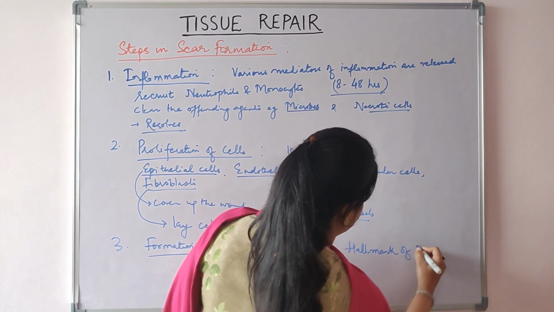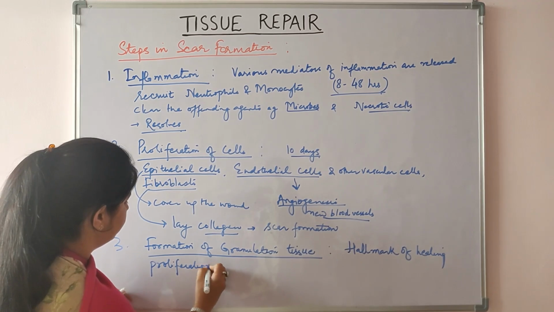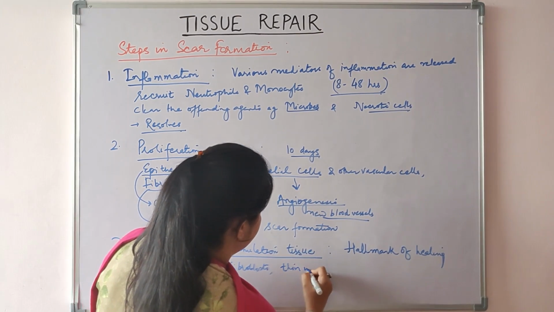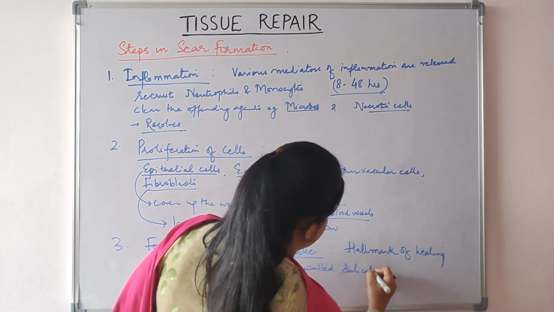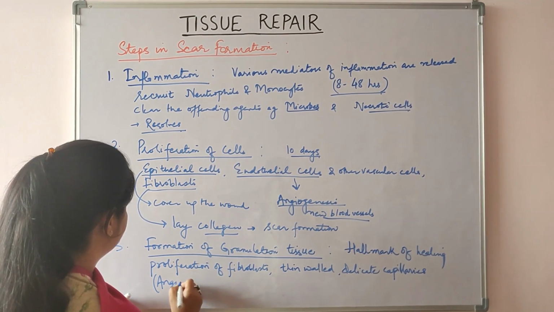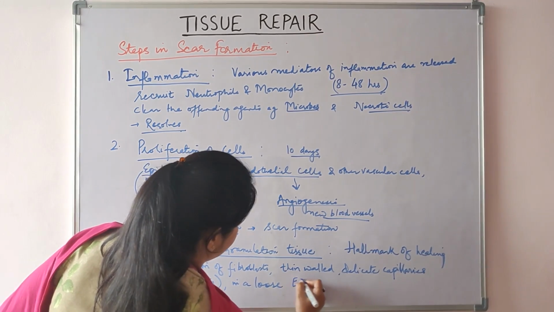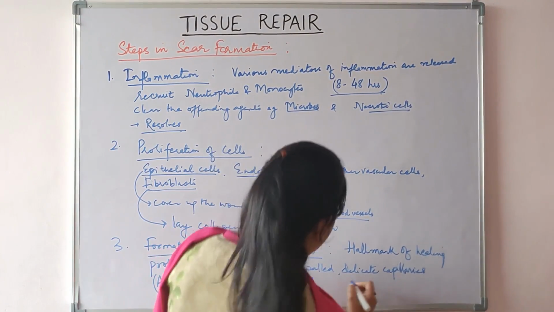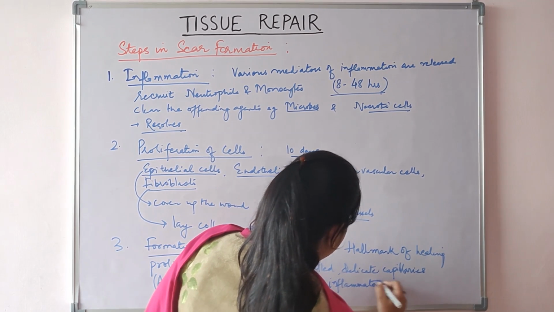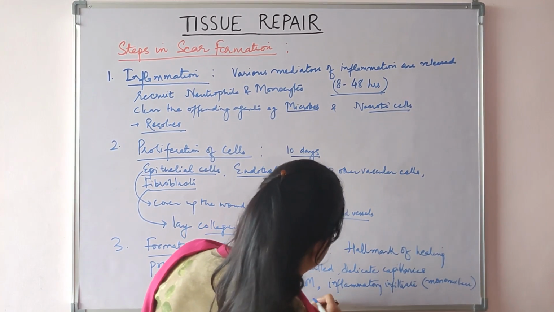It is characterized by proliferation of fibroblasts, thin-walled delicate capillaries or blood vessels, or angiogenesis, in a loose extracellular matrix, along with an admixed infiltrate which is mononuclear and comprises predominantly macrophages.